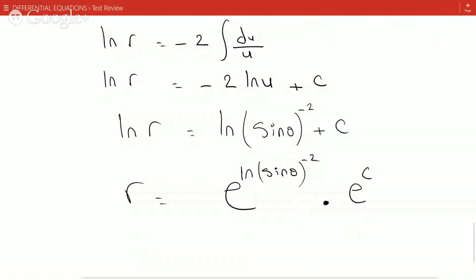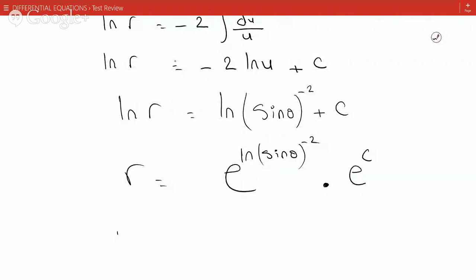Right. And e to the c is just another constant. So I can call this c. Since the ln and the e cancel, this just becomes 1 over sine squared, or sine theta to the negative 2.